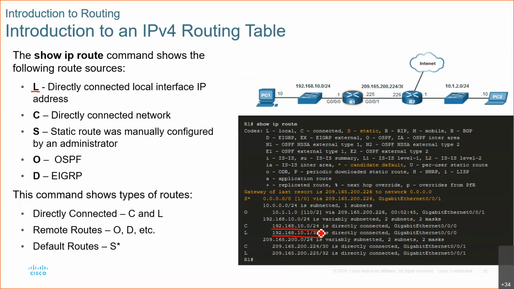S means a static route manually configured by an administrator. It will tell you even if there is a static route manually configured. Is it OSPF? It will tell you. Is it EIGRP? D, it will tell you. So using the command show ip route, you can find the details of the routes inside your router R1.